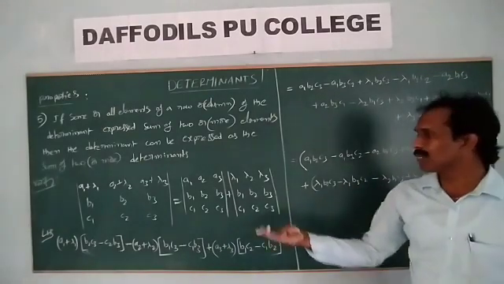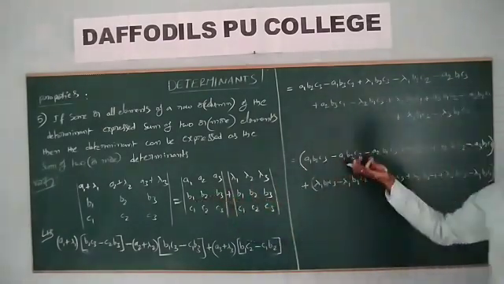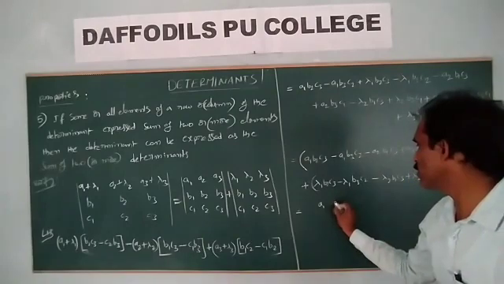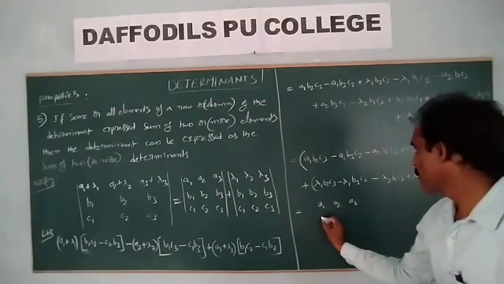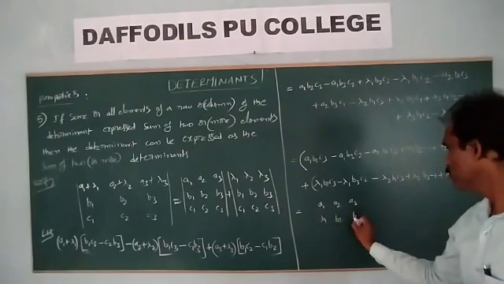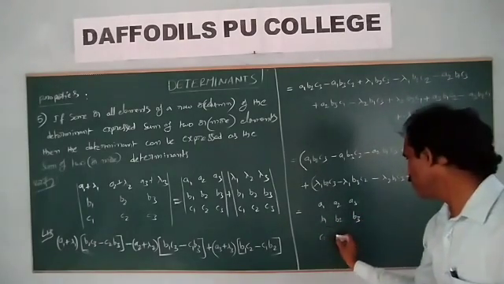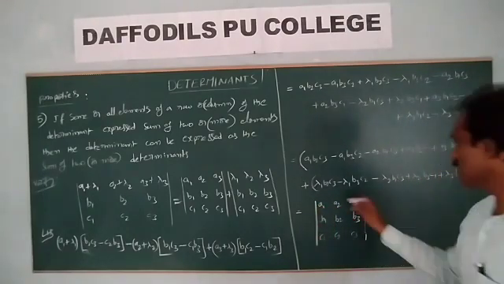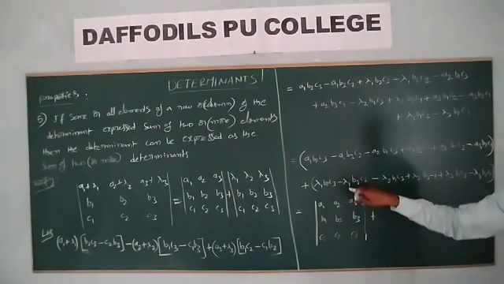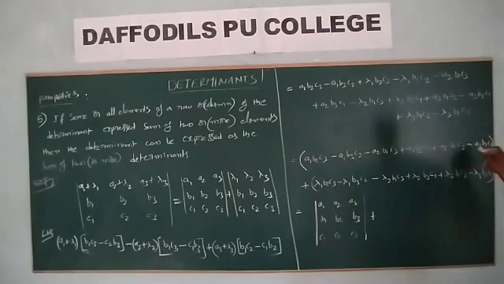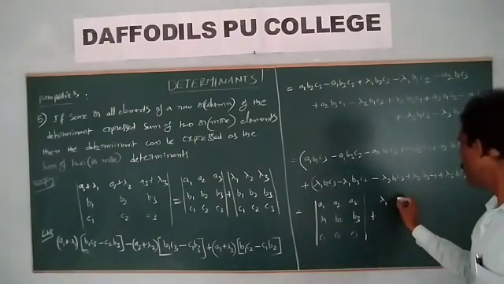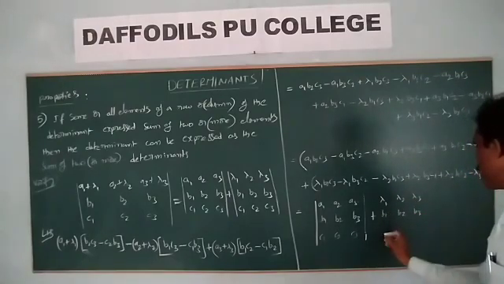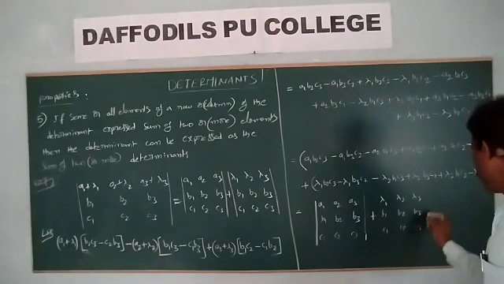Already knowing from the first property, second property, after expanding, this is the value. So directly we can write this value is equal to the determinant A1, A2, A3, B1, B2, B3, C1, C2, C3 plus, here also the same, in place of A1, lambda 1, A2 lambda 2, A3 lambda 3, that is lambda 1, lambda 2, lambda 3, next B1 B2 B3 C1 C2 C3.